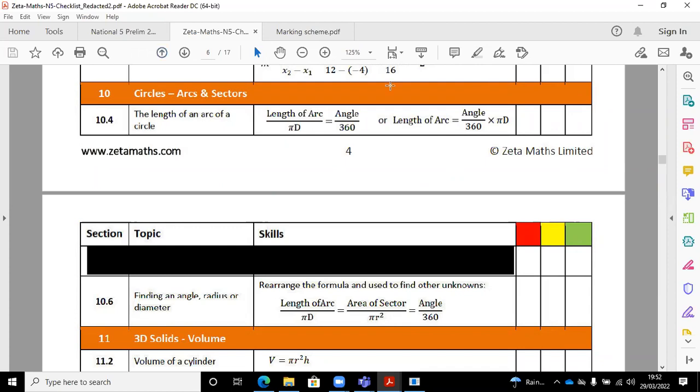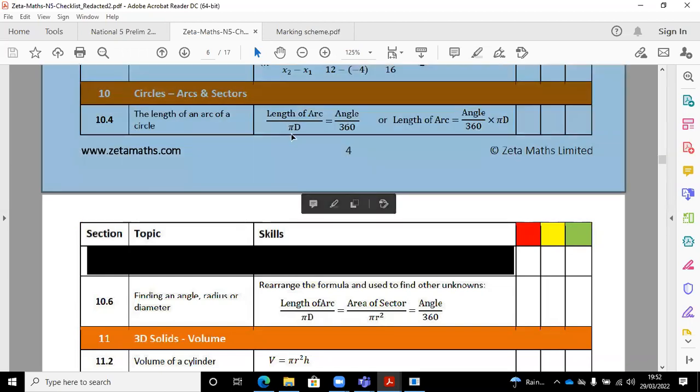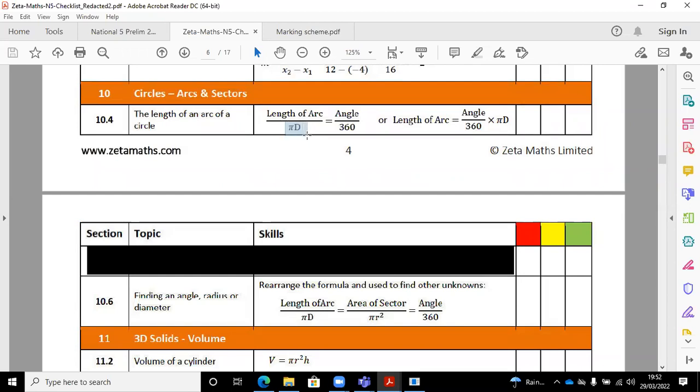Okay, so none of this is given in the formula sheet, so you're needing to remember all this. So length of arc, sorry, your circumference, is pi d. So pi times the diameter is your full circumference of a circle. Then you're multiplying it by your angle divided by 360.